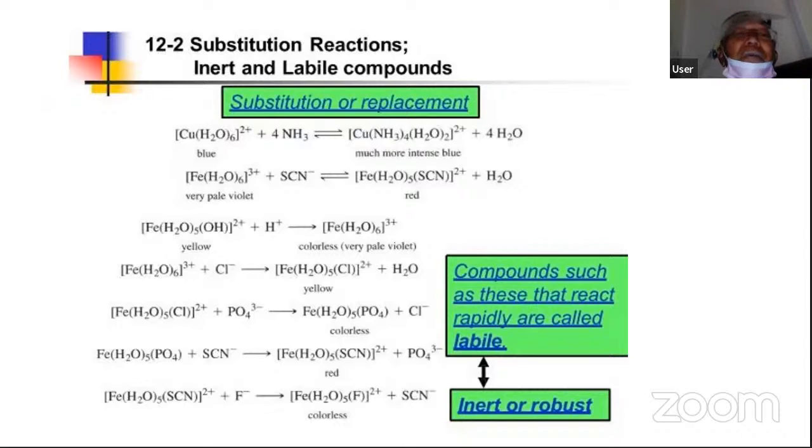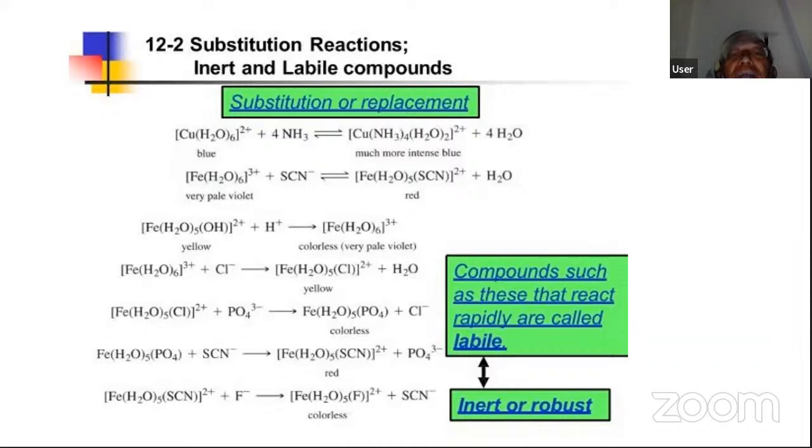In this case, your copper with ammonia, the reaction is very fast, equilibrium takes place. Also your iron, you can see this is isothiocyanate, which replaces one water molecule. When you write it like this, it is the sulfur that is attached to the iron, so thiocyanato. If nitrogen, then the name becomes isothiocyanate, all right? So these are very labile compounds. Iron here, the hydrolysis product, OH, is yellow.